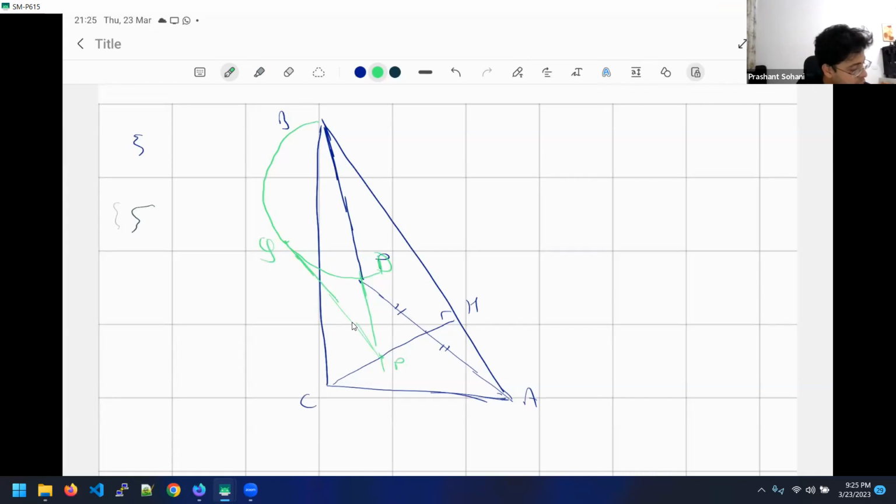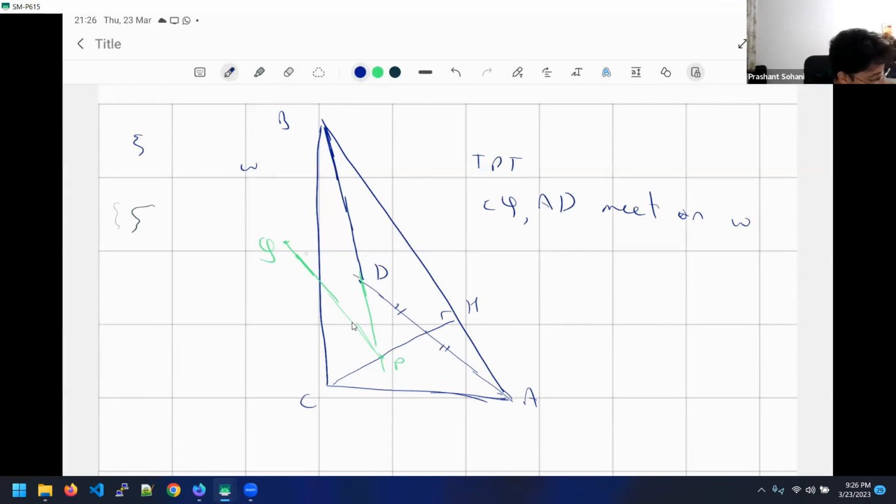Then we want to prove that CQ and AD also meet on the same circumcircle W. That is what we have to prove.